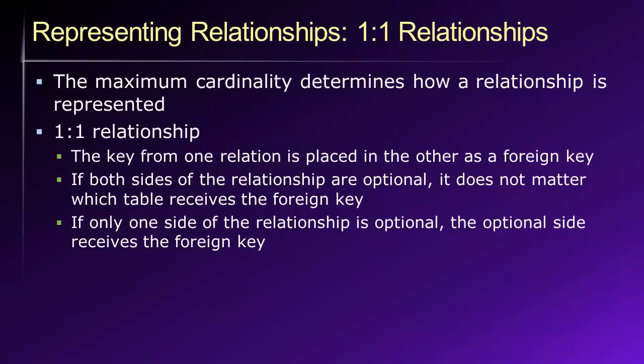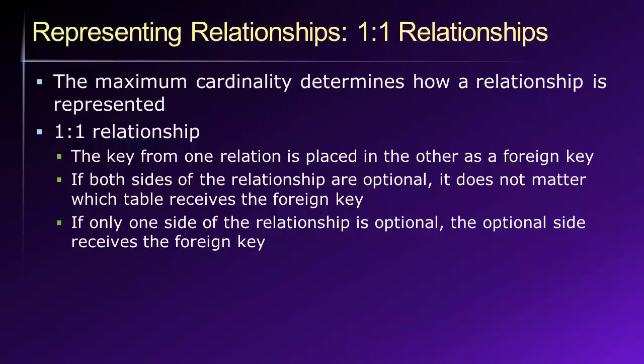A major component of relational database design, of course, is creating relationships between tables. And to that end, I'd like to provide some additional useful information about how to implement one-to-one, one-to-many, and many-to-many relationships in a real-world database.